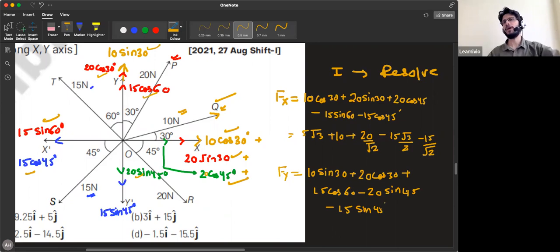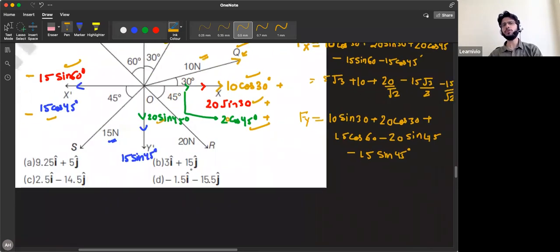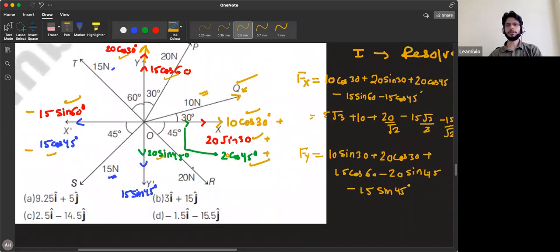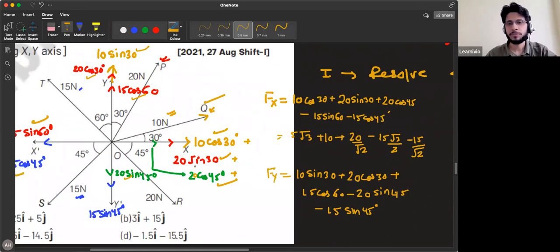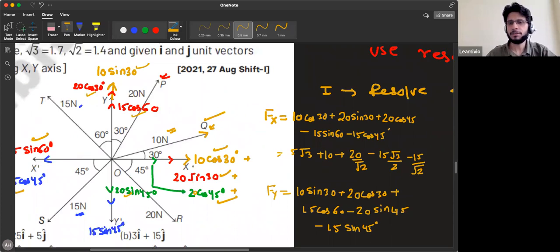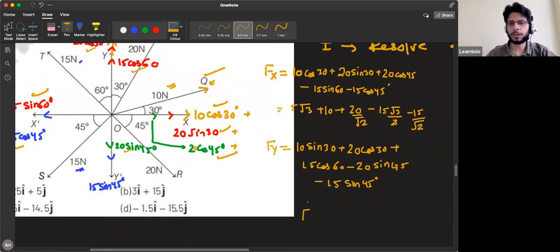So I'm not writing the values now. You can calculate. It'll take 5 more minutes. And then you can check which option is matching. Is it clear? The method is clear? Then you can write your final force as Fx plus Fy. Yes, everyone. Is it clear?